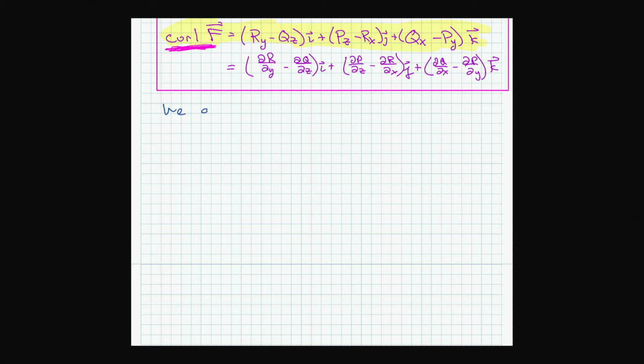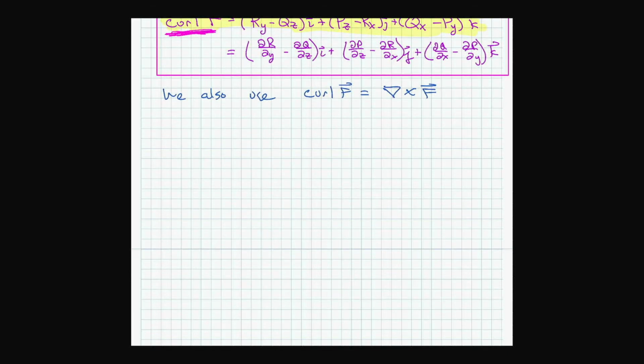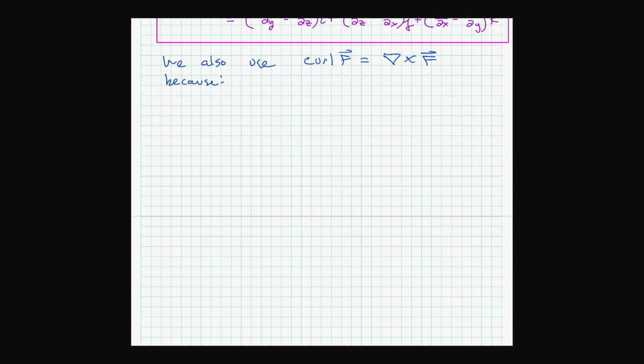We also write curl F as grad cross F. And the reason you can use that is if you think about the cross product, if you imagine that these were vectors again, where you went i, j, k, because that's how you start out a cross product.